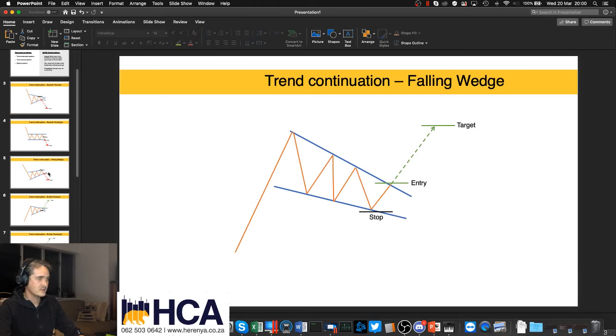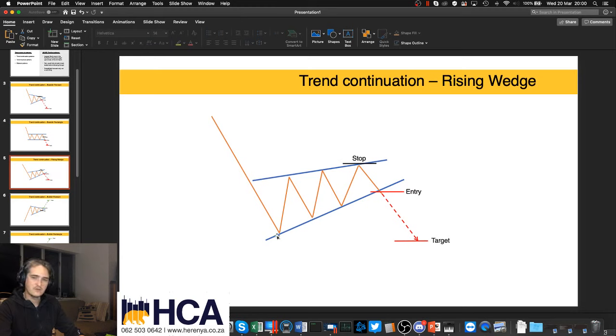With the wedge formations, what is quite important is to watch volume throughout the formation and to see what volume's reaction is doing. Because remember, we spoke about the on-balance volume indicator and how volume either confirms or doesn't confirm a trend, right?